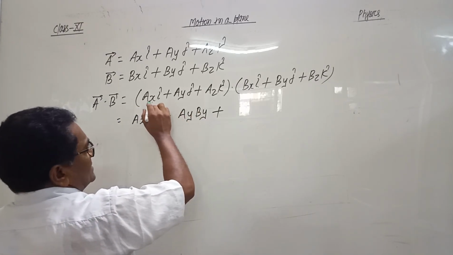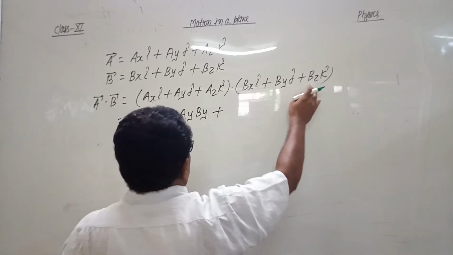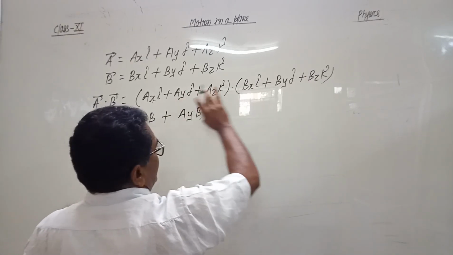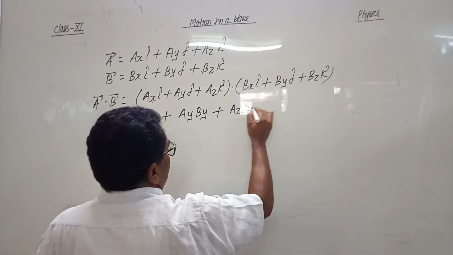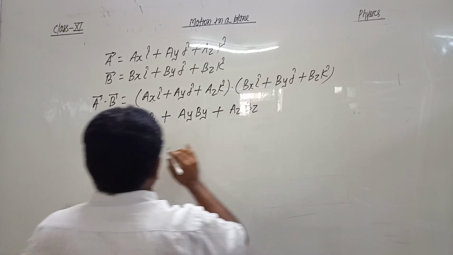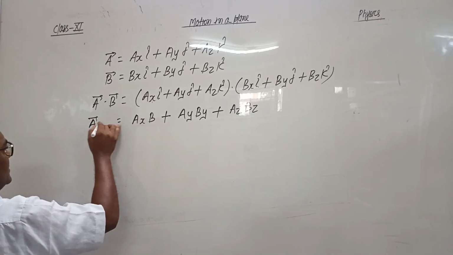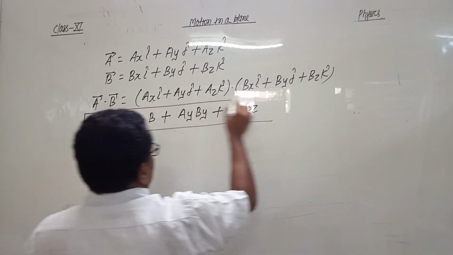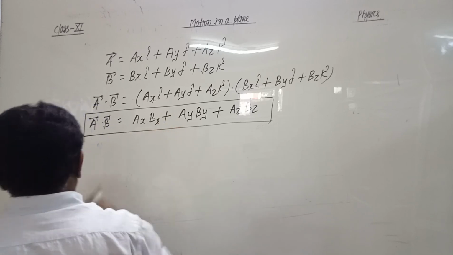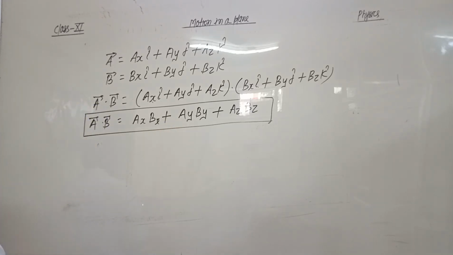Now az into bx, k dot i is 0, az into by, k dot j is 0, and az into bz, k dot k equals 1. So the result we get is A dot B equals ax bx plus ay by plus az bz.